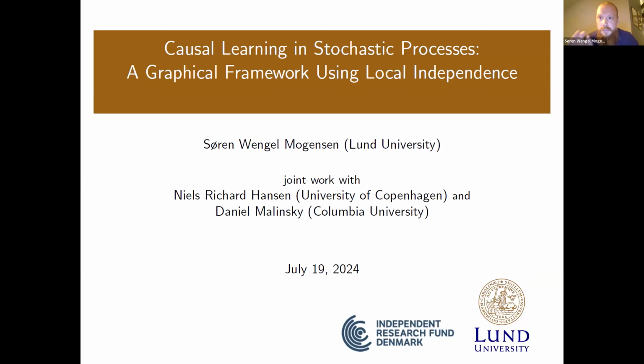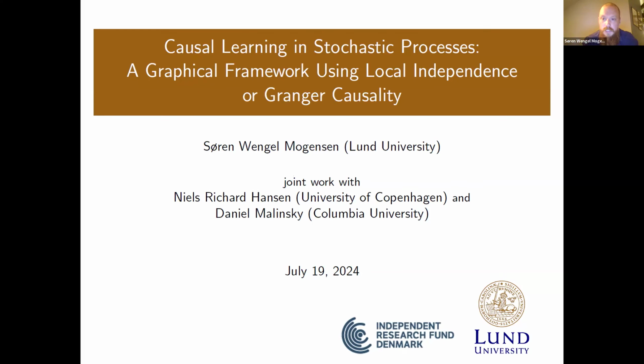In the classical case, people look at conditional independence and tests of conditional independence among random variables to learn these graphs, and we will look at local independence instead, which is a notion in continuous time processes, or in time series we'll look at Granger causality. Actually today I'll talk about Granger causality because probabilistically everything is a bit more simple when you don't have continuous time. This is joint work with Niels Richard Hansen and with Dan Malinsky.